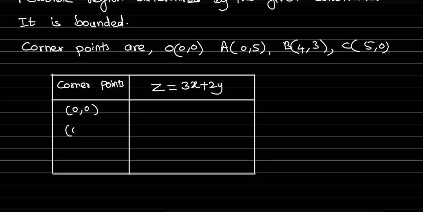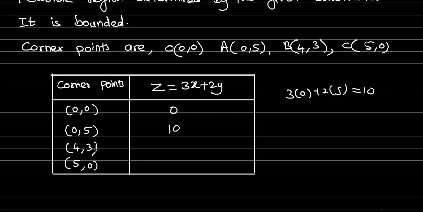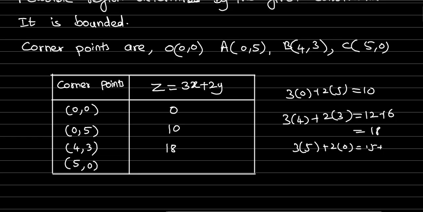For 0 comma 0, the Z value is 0. For 0 comma 5, the value is 10. For 4 comma 3, 3 times 4 plus 2 times 3: in place of x as 4, in place of y as 3. 3 fours are 12, 2 threes are 6, which is 18. For 5 comma 0, 3 fives are 15 plus 2 times 0, so 15 plus 0 is 15.